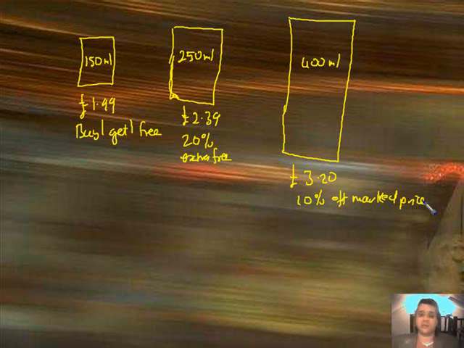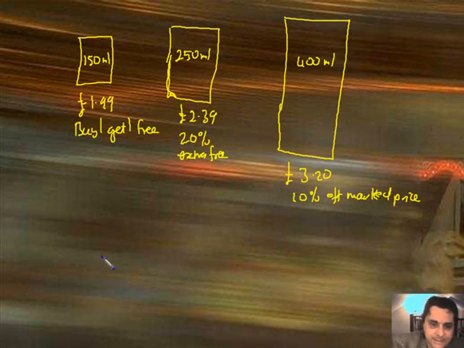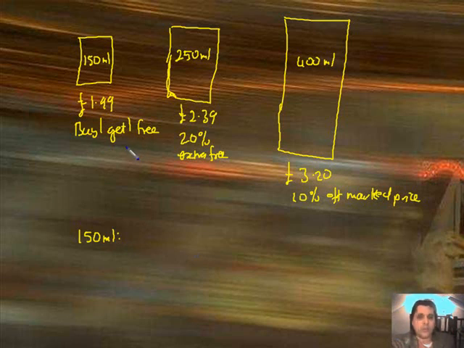Right, I've got to take these one at a time. Let's call this the 150ml bottle. Buy one get one free, so what am I actually getting? I'm getting 300 milliliters for $1.99.